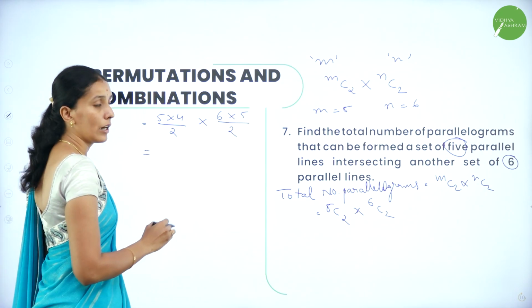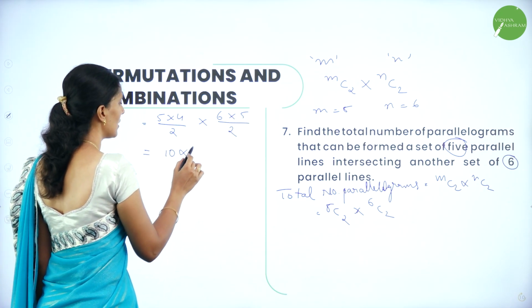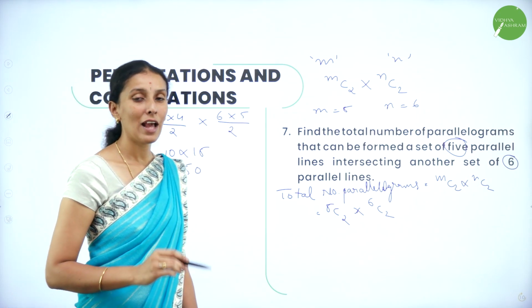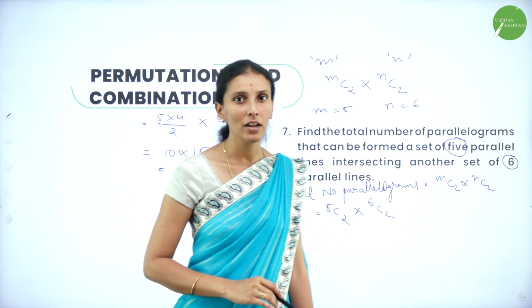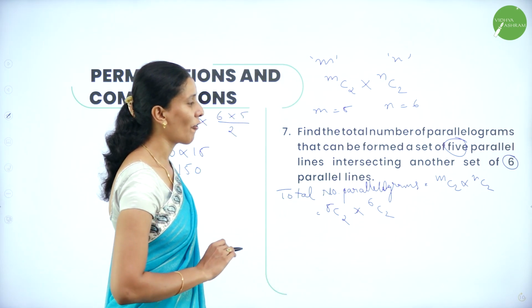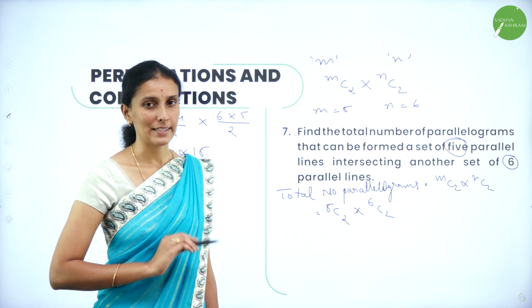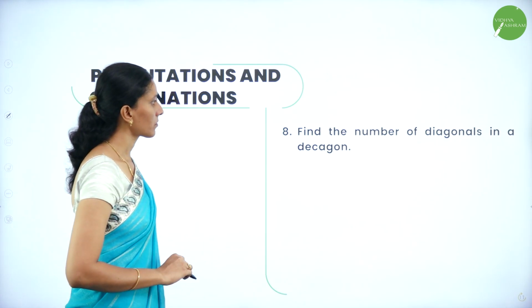So therefore here it is 10, here it is 15. So total 150. So 150 parallelograms I can form using 5 parallel lines when they intersect with 6 parallel lines. Next question.